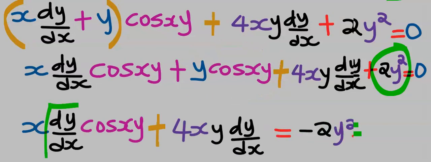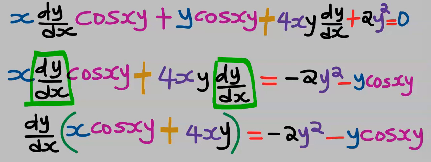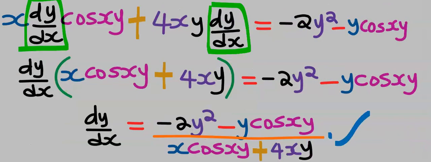Next, factorize dy dx out. Now that we have factorized dy dx, next make dy dx the subject. Hence, this is our dy dx.